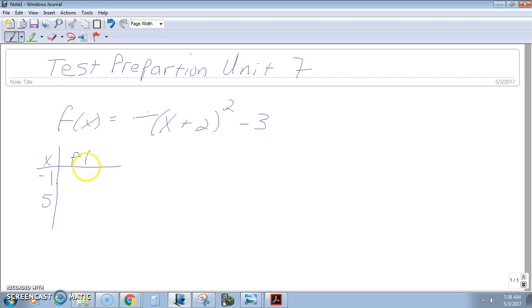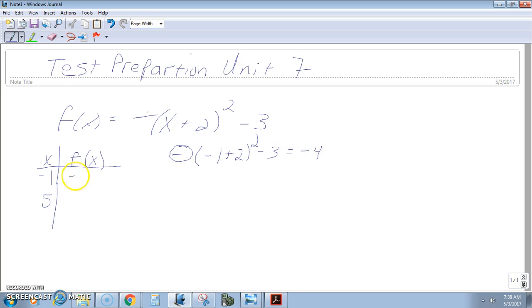Okay? Remember, x is our input, f of x is our output. So if we put x into our input, so now we have negative, and then instead of x, -1 plus 2 squared minus 3. What's my output? -1 plus 2 is 1, squared is 1, but it's negative, so we have negative 1 and then minus 3. -1 minus 3 is -4.